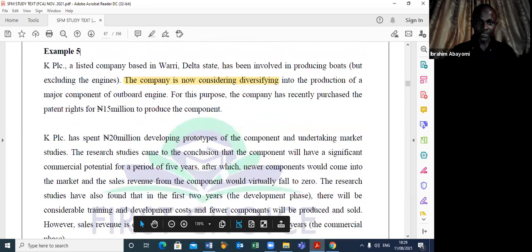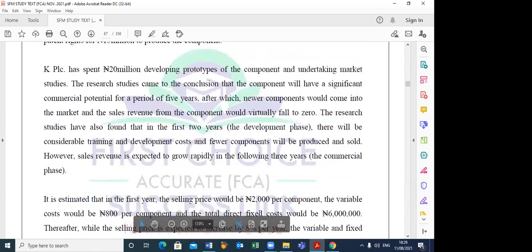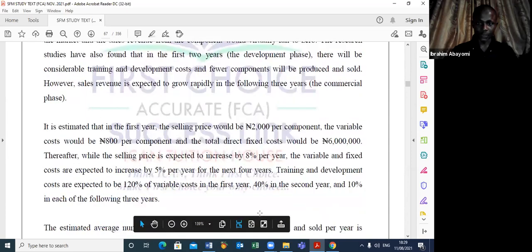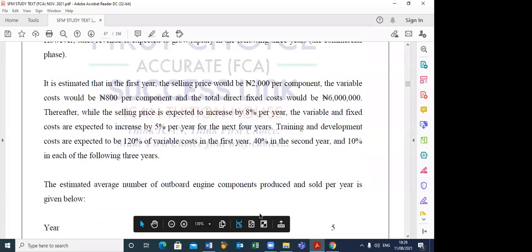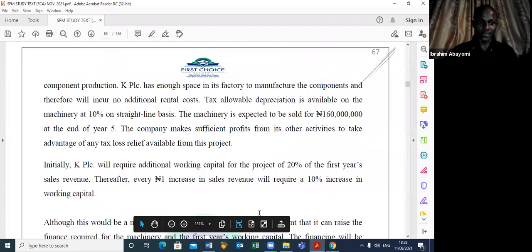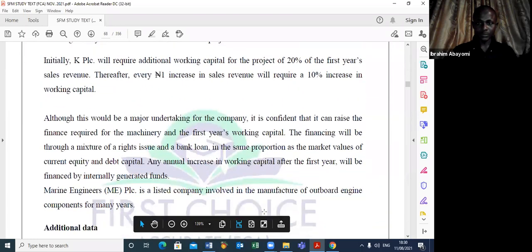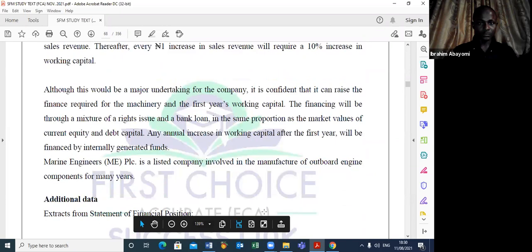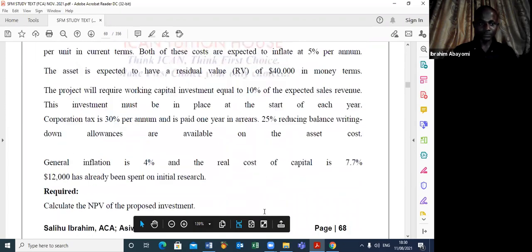Okay, we'll change that. I want to see whether we have a scrap value for this. I think it has. Okay, where do we have it? I'm trying to fish it out. Yeah, they say it will be sold at the end of year 5. Where is it? Please. I can't find it.